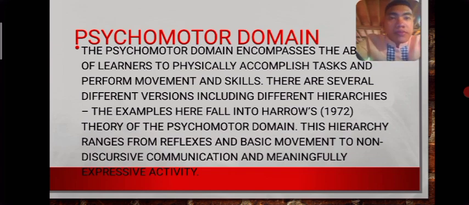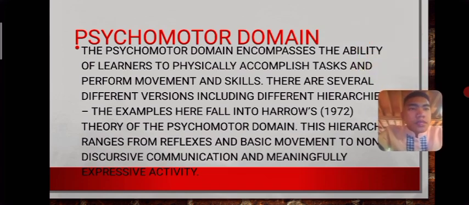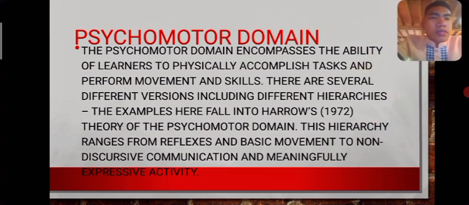This is the psychomotor domain. The psychomotor domain encompasses the ability of learners to physically accomplish tasks and perform movements and skills. There are several different versions, including different hierarchies.